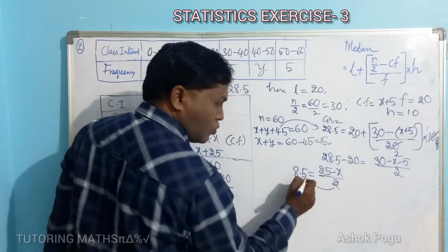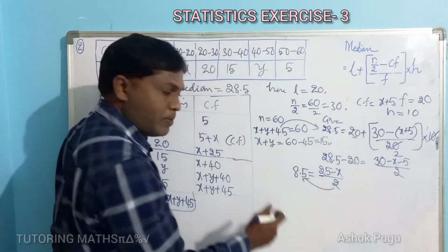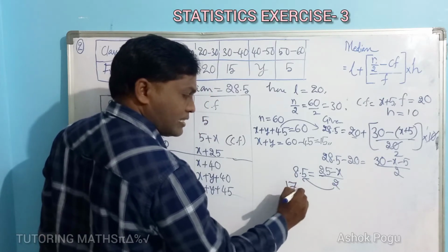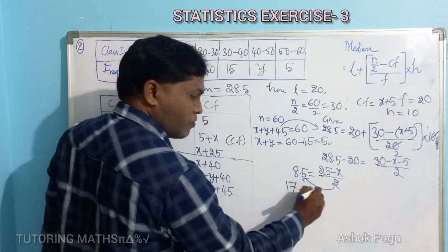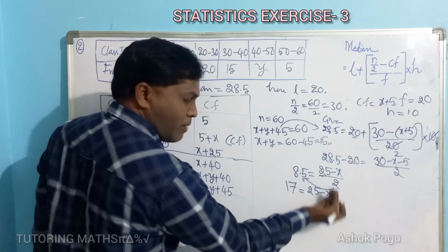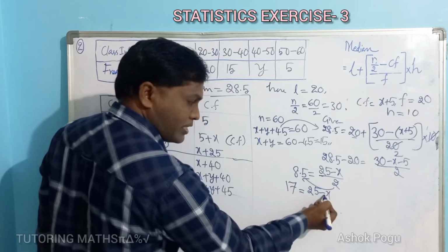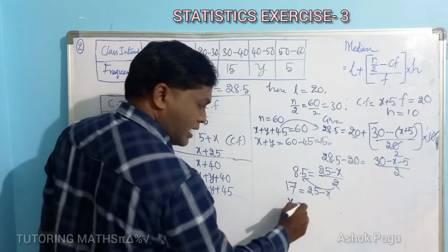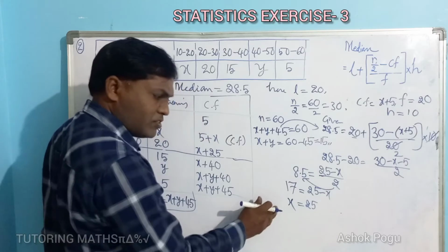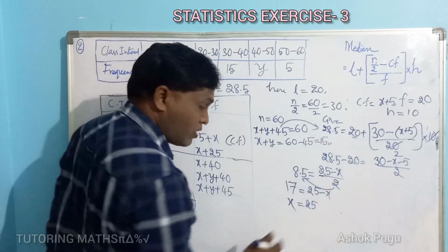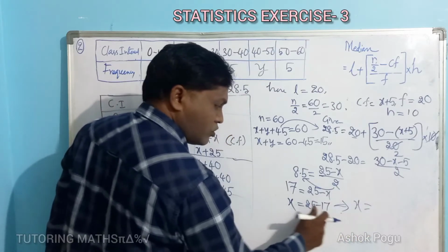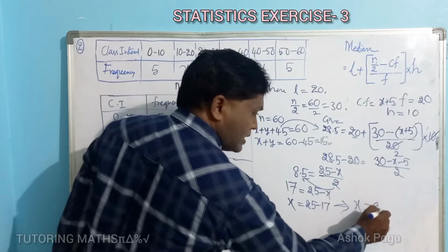Now shift 2 to the left side, then division becomes multiplication. 2 into 8.5, we get 17 is equal to 25 minus x. Shift minus x to the left side, it becomes plus x, so x plus 17 equals 25. Group the like terms: x variable on the left side and constants shifted to the right side. Therefore x is equal to 25 minus 17, which is 8.